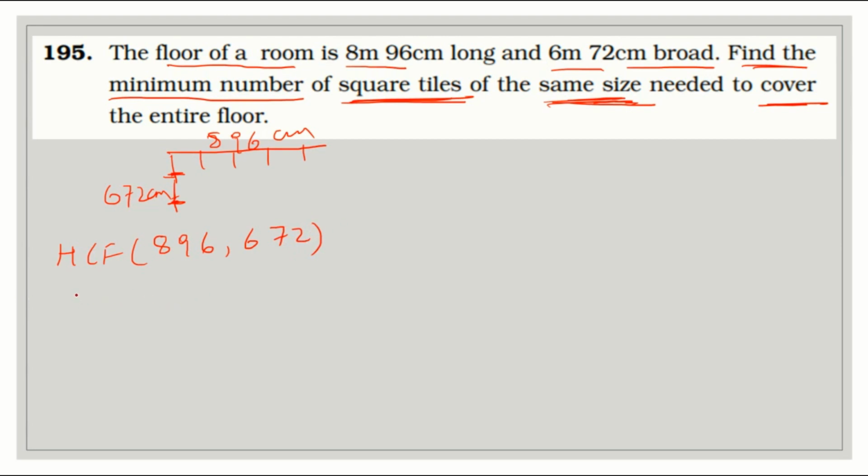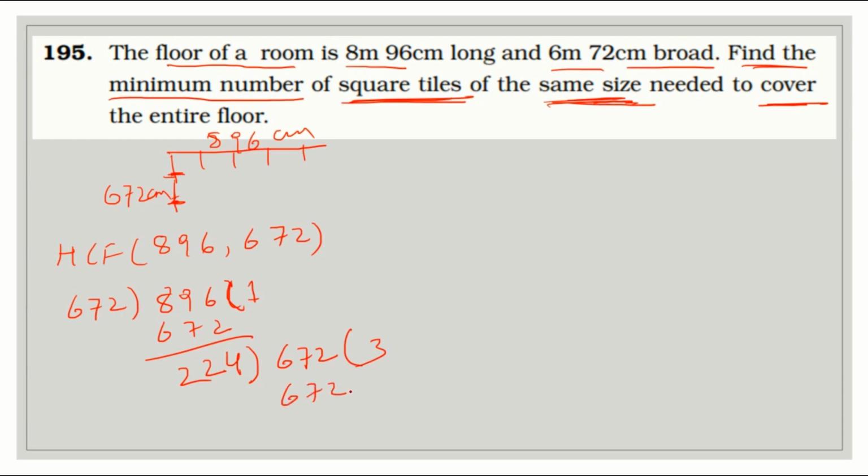What is the HCF? 672 is divisor, 896 is dividend, 672 ones are 672, 6 minus 2 is 4, 9 minus 7 is 2, 8 minus 6 is 2, 224 becomes the new divisor, 672 becomes the new dividend, 224 3s are 672, which gives the HCF of these two numbers as 224 centimeter.